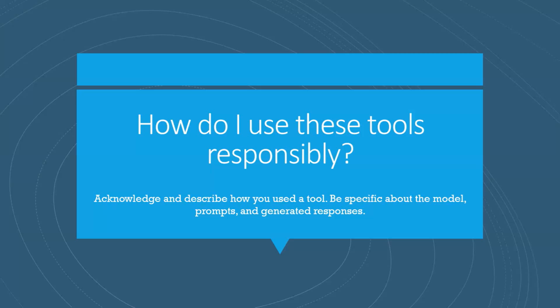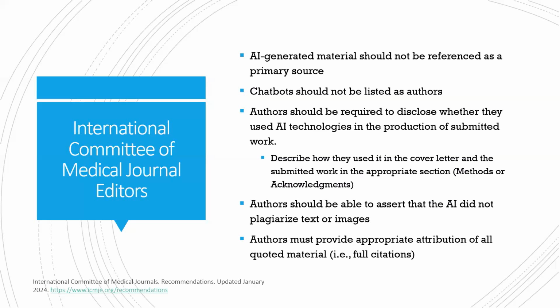In the next slides, we're going to review guidelines and rules that are available from organizations and associations most relevant to research in science and medicine. Please stop me at any point if you have any questions, and I'll try to keep my eye on the chat and pause for questions.